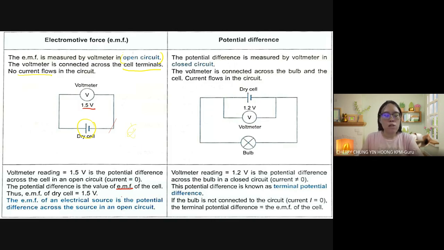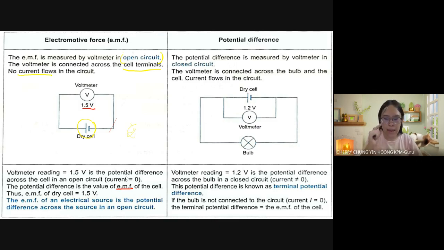If you look at your workbook, it actually tells you very clearly. EMF is the work done by a source of electrical energy in driving a unit of charge around a complete circuit. You can highlight that.